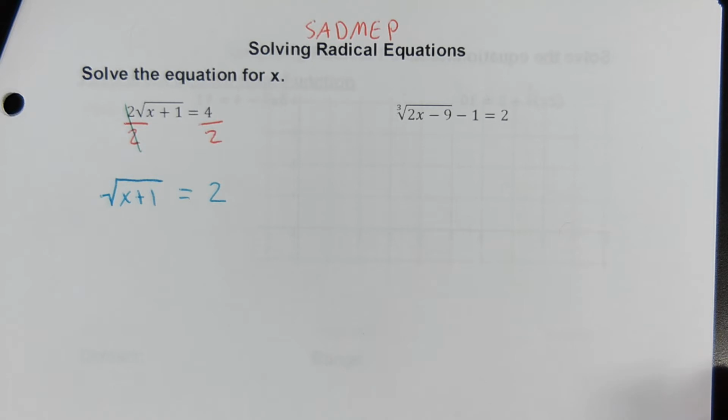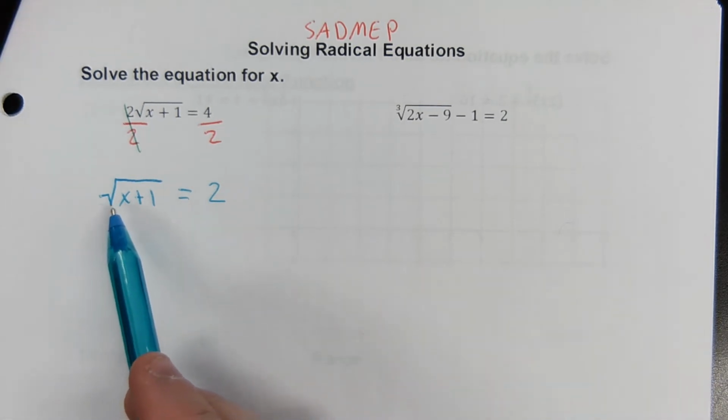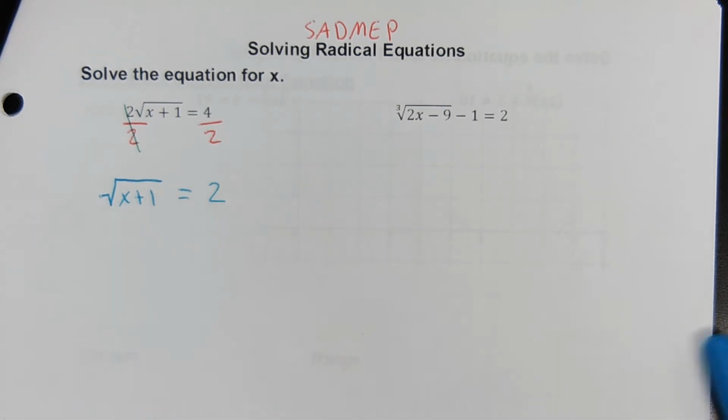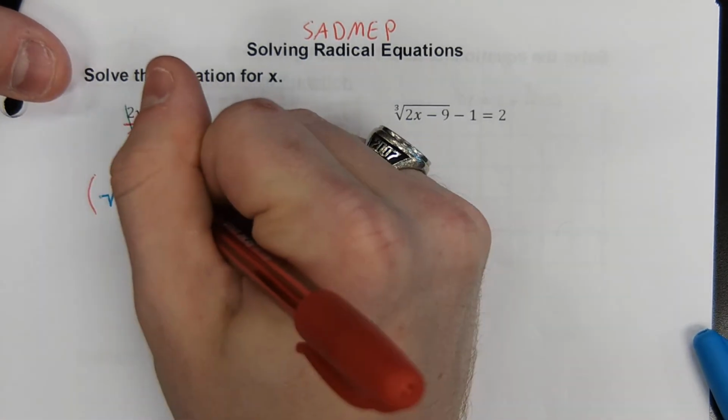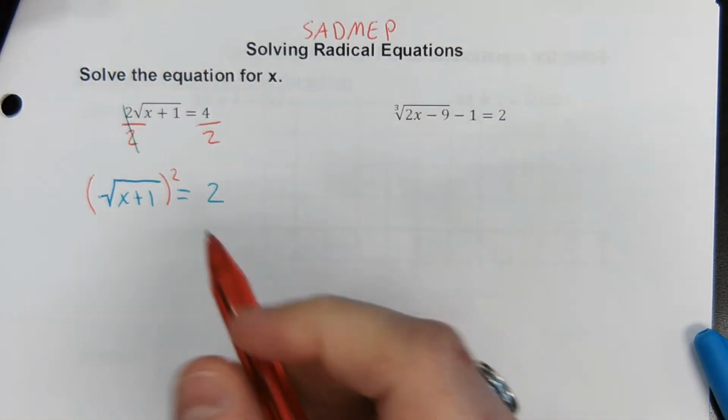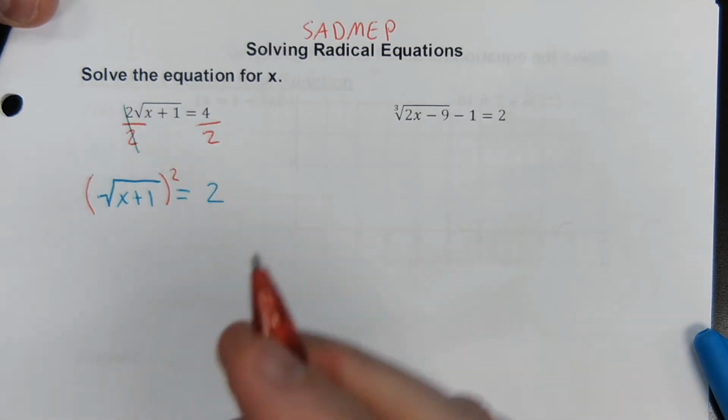What is the inverse operation of square root? Square. And the reason why square is the inverse operation is because it is the reciprocal exponent. Recall from the last few sets of notes, this is actually the 1/2 power. So if we raise it to its reciprocal power, the 1/2 power and the second power will cancel each other.